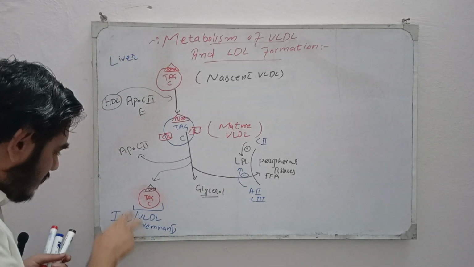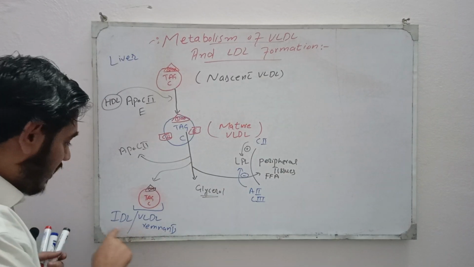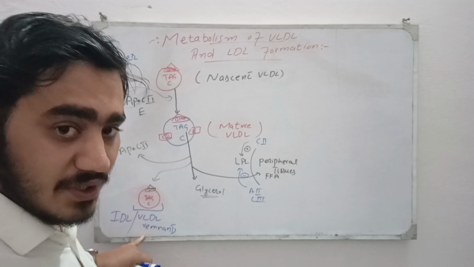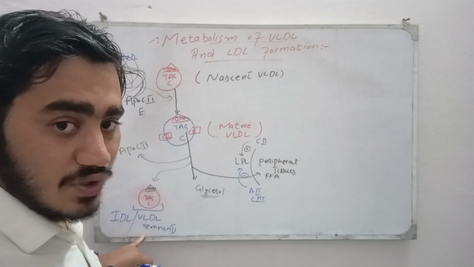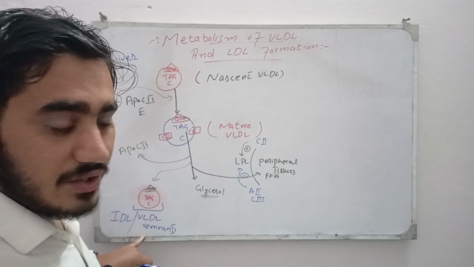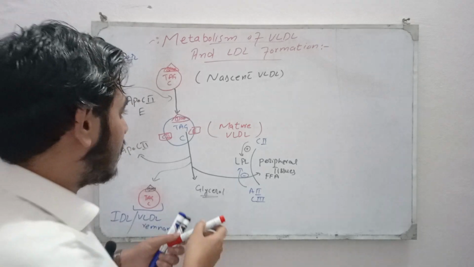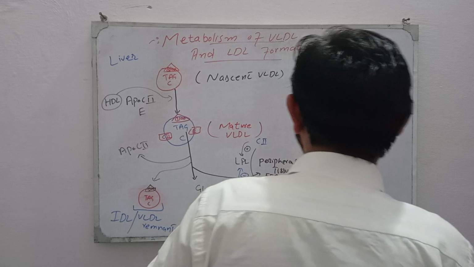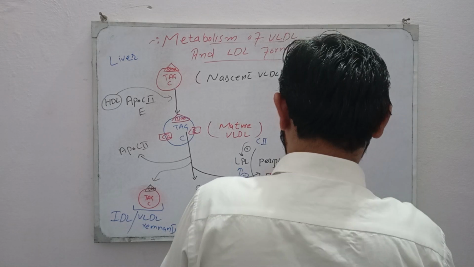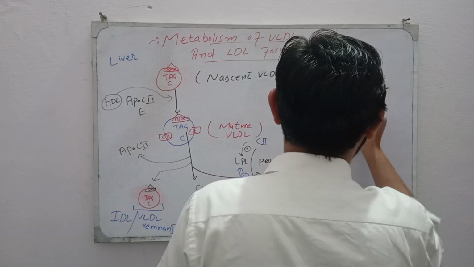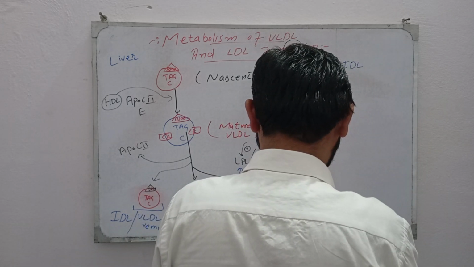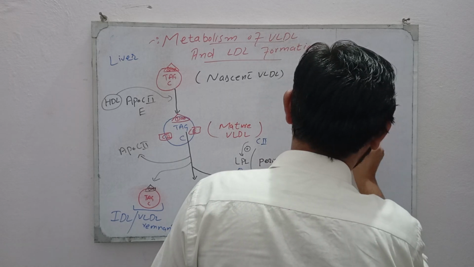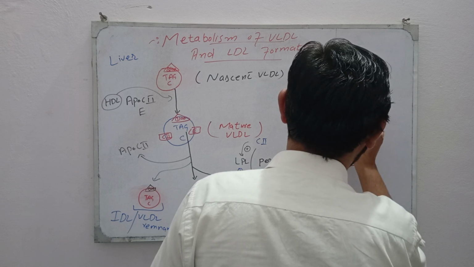In the next step, there are two fates of these VLDL remnants or IDL. First, receptor mediated uptake by liver by the process of receptor mediated endocytosis. Or, the intermediate density lipoprotein converts into LDL, having cholesterol and ApoB100 protein.